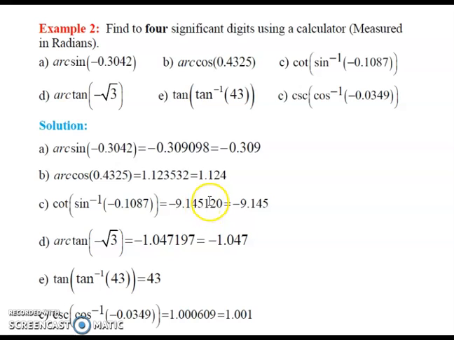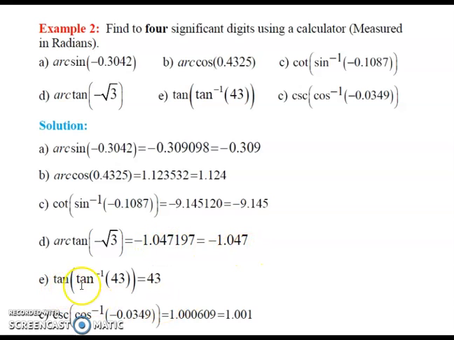If we observe the fourth decimal point, which is 1, so we cannot add 1 to the third decimal point. Arctangent of minus root 3 is equal to minus 1.047197. We consider 4 significant digits, therefore minus 1.047.